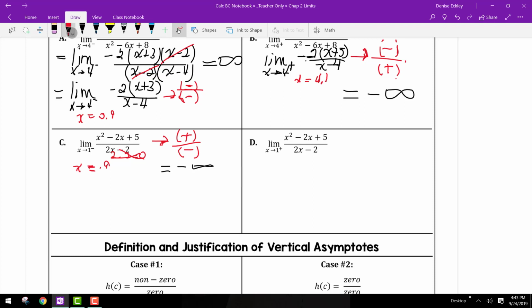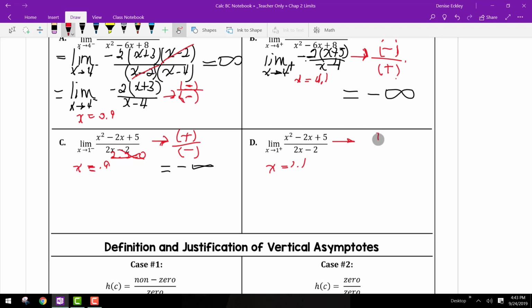And doing the same thing with the other side limit. So if we do like 1.1, do the same thing. Again, that 5 is going to dominate in the numerator regardless of the other two terms because they're going to be relatively small.